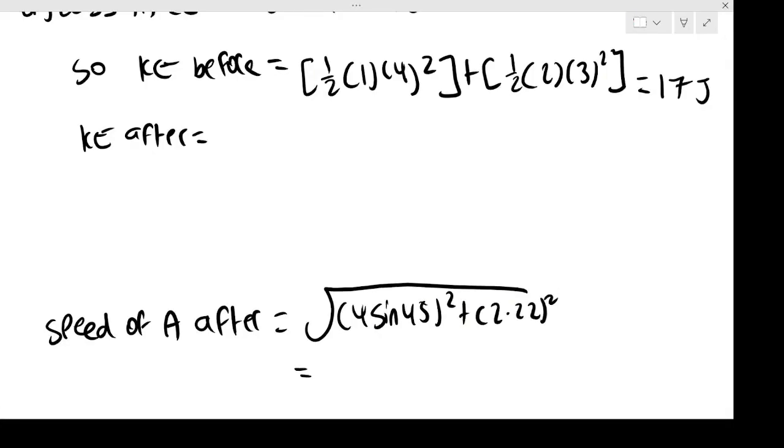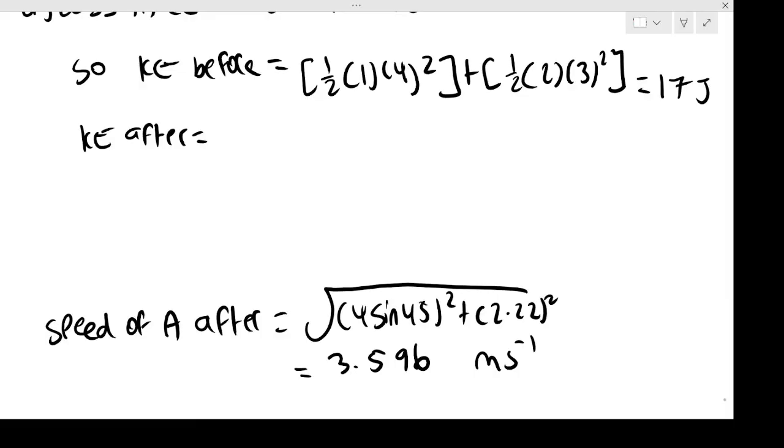Now if I work that out, I get 3.596 meters per second, okay?